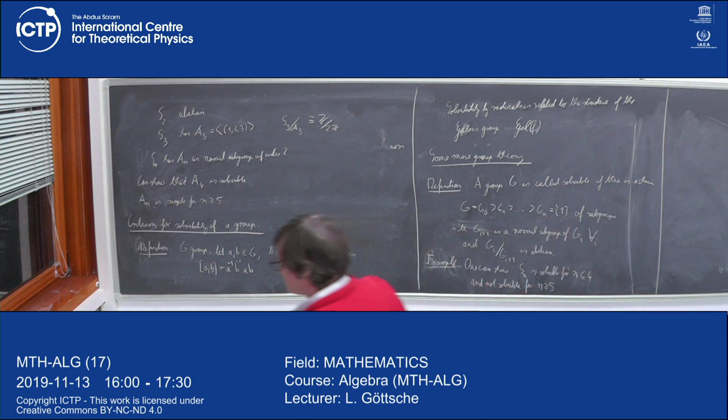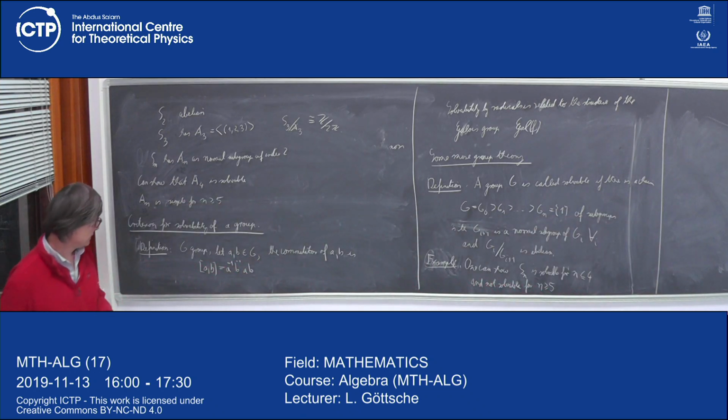Now the commutator subgroup is the subgroup of G which is generated by all the commutators.